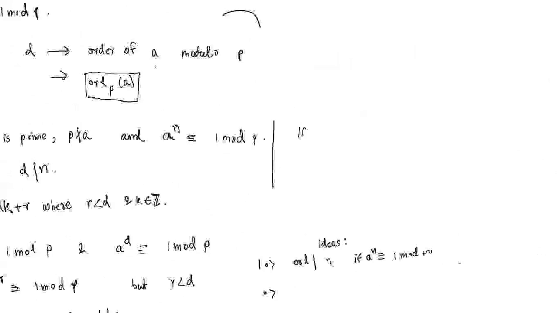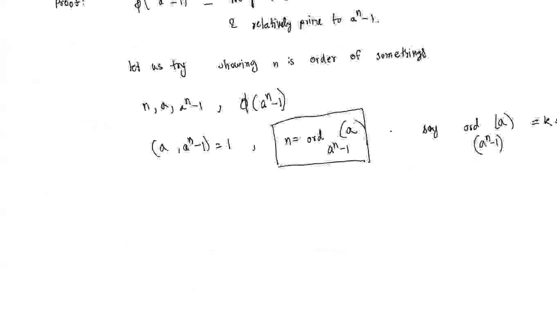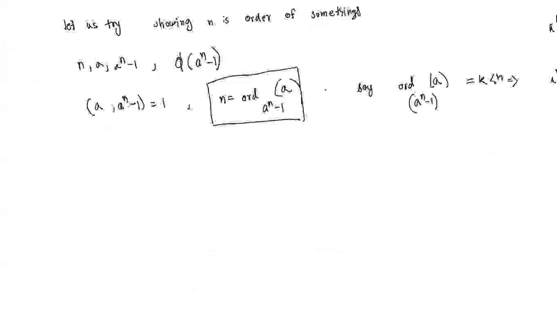If gcd of m and a is 1 and a^n is 1 mod m, then that implies that the order of a mod m divides n.